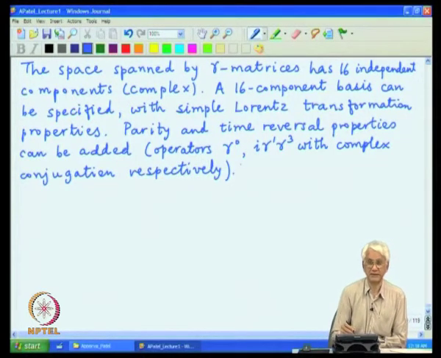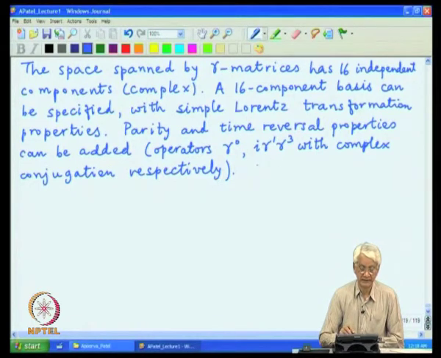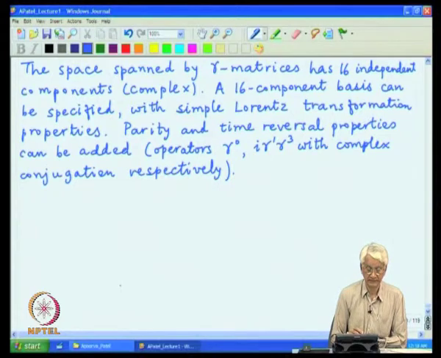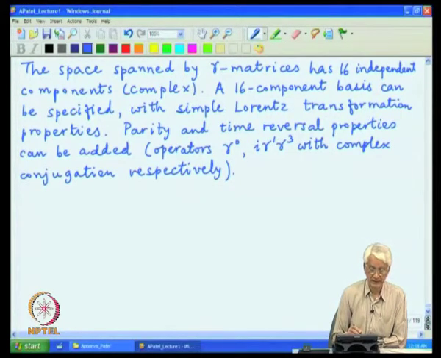Operator for parity was gamma 0 and operator for time reversal was I gamma 1 gamma 3, and then the complex conjugation of the spinor. This time reversal operator was specific to the Dirac basis, while the gamma 0 is independent of the choice of the basis. We will use basically the Lorentz transformation together with parity to specify generic properties.